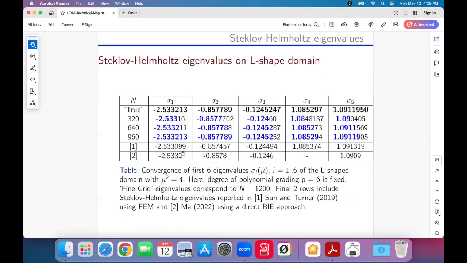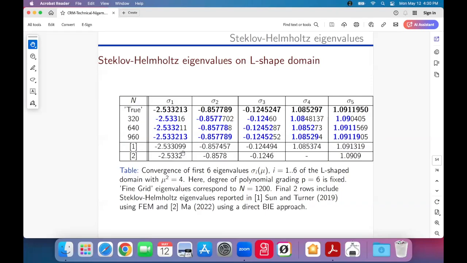What's really cool is that you can do difficult problems. You can find the Steklov-Helmholtz eigenvalues on L-shaped domains. In the bottom two rows, you see the first few eigenvalues computed by other people. The second to last row is computed using a finite element approach by Sun and Turner.